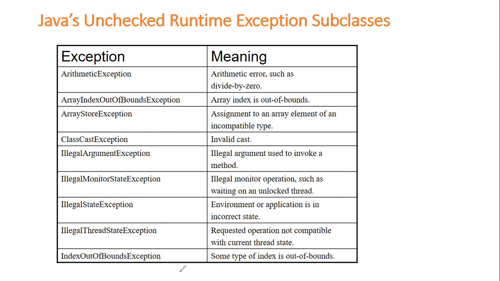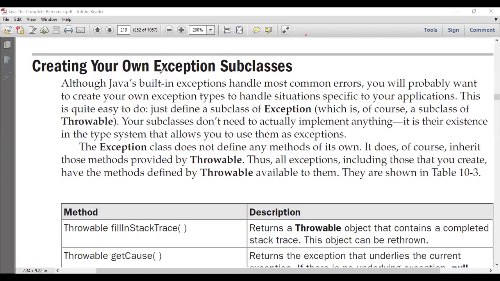Now what we are seeing here is custom exceptions, or creating our own exceptions. Creating your own exception means I want to create my own exception. For example, I want to create an exception with the name Sham, just for fun, or an exception with the name MyException.